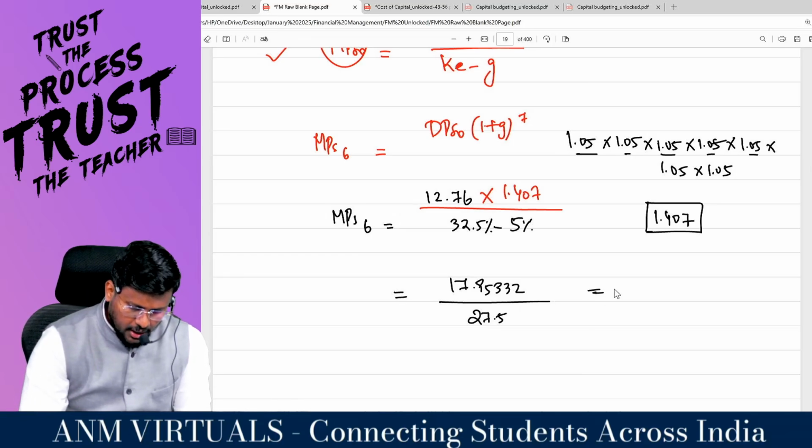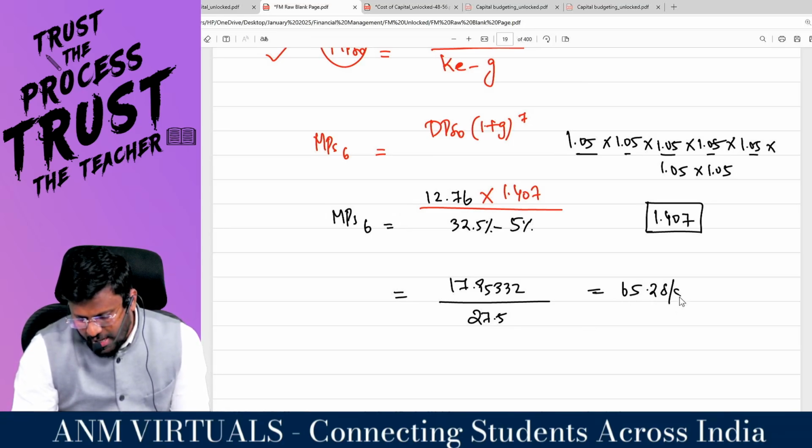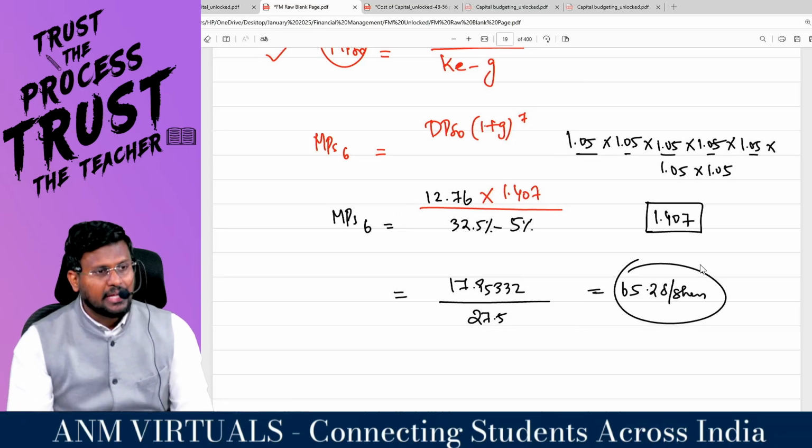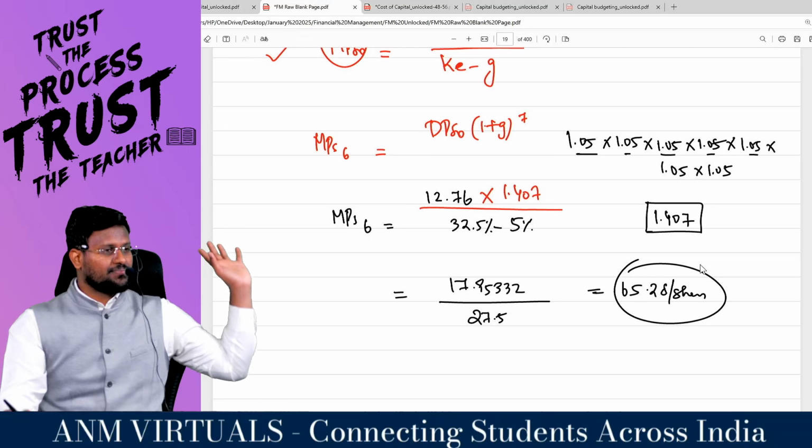Comfortable? 17.95332 divided by 27.5 into 100 means 65.28 per share will be the value of one share at the end of the 6th year.